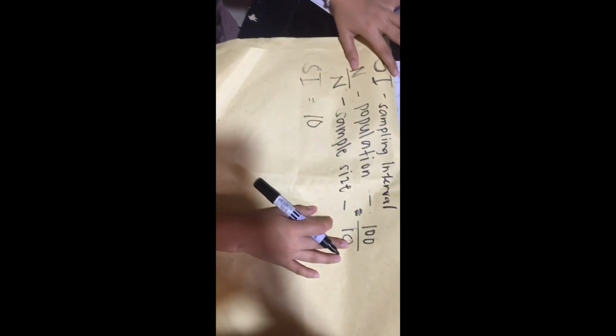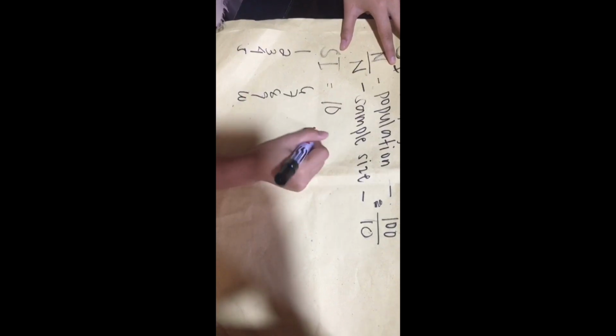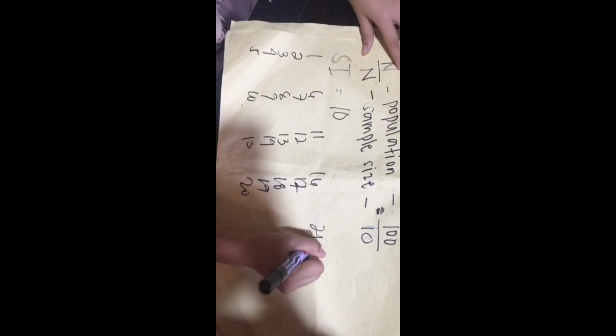Let's say, for example, you have a list of your population: 1, 2, 3, 4, 5, 6, 7, 8, 9, 10, 11, 21, until you have in your list your population of 100.